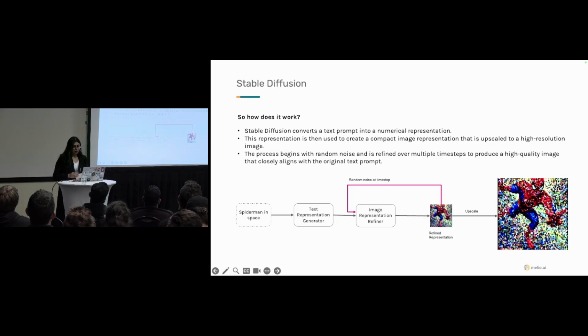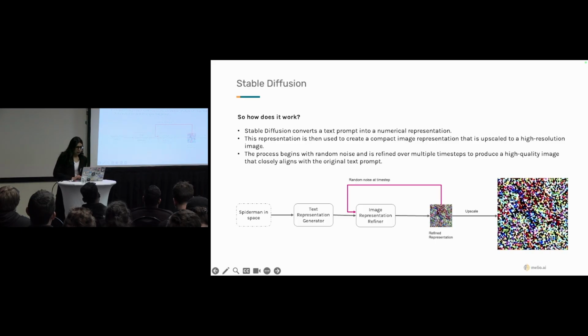Okay, now that we've covered Stable Diffusion at a high level overview, we want to dive a little deeper into the mechanics of how Stable Diffusion actually generates an image.